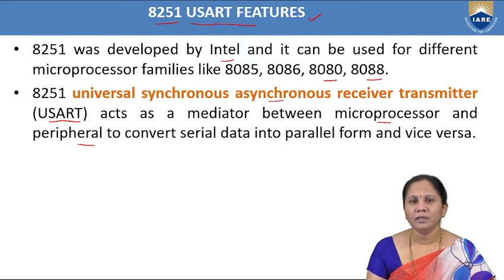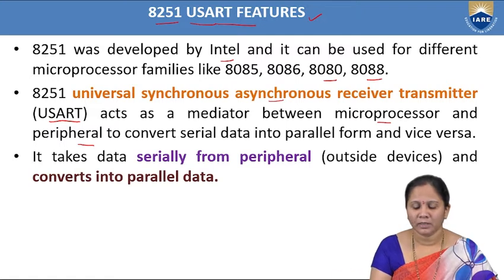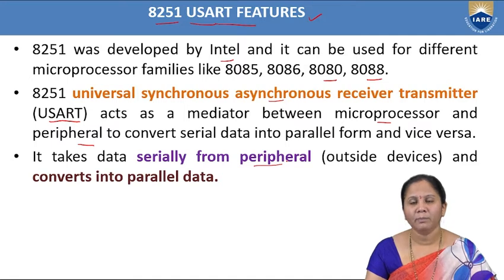That is possible if you have this 8251 USART IC in between the peripheral devices and the microprocessor. The main purpose of this 8251 USART is to convert serial information to parallel information and vice versa. It takes data serially from the peripheral devices and converts it into parallel form.